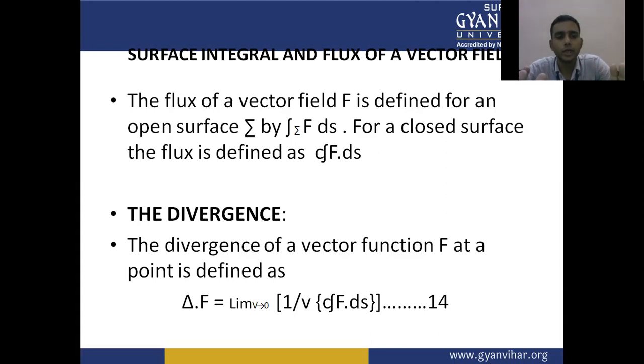And now we are going to the term divergence. The divergence of a vector function F at a point is defined as del dot F equal to the limit as v tends to 0 of 1 upon v times the closed integral of F dot ds.